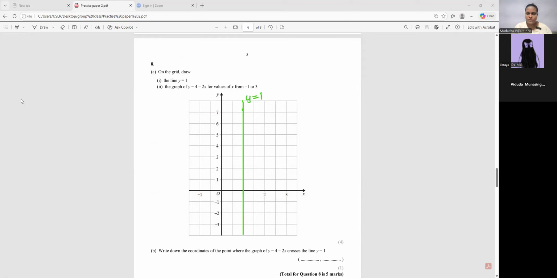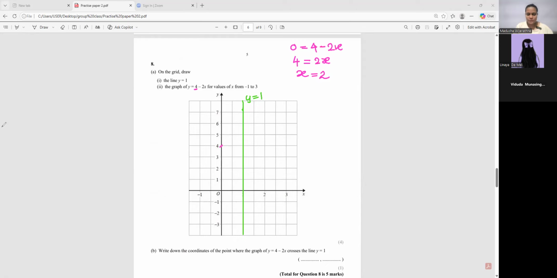Then y equals 4 minus 2x. The intercept is 4. We'll find one more point. When x is equal to 0, that point is the intercept. Now when y is equal to 0, 4 minus 2x, so 4 is equal to 2x. X is equal to 2. We need a minimum of 2 points to draw a line.